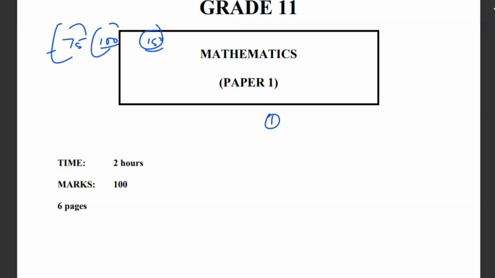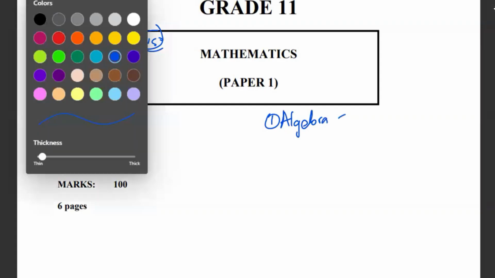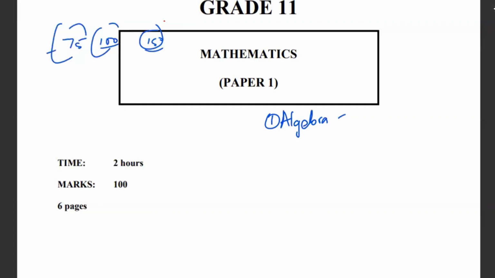So the first topic that we normally focus on is algebra. Under this algebra, we can break this down into the quadratic equations, using the quadratic formula as well as the factor method to do the factorization and solve the equations.